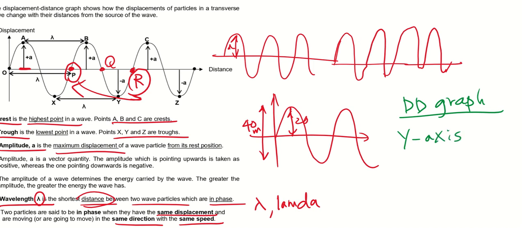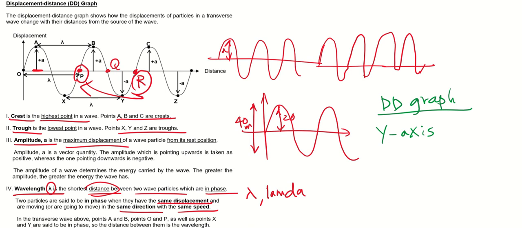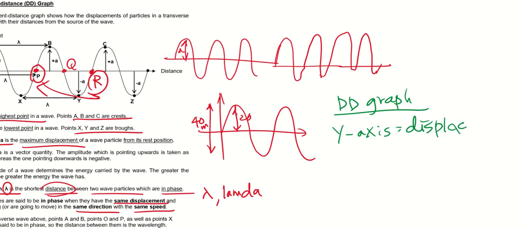The first D is displacement. What can you get from the Y-axis? You can get amplitude. That's it. Full stop. Enough. You can only get amplitude from the Y-axis.